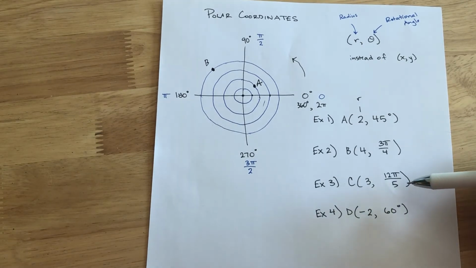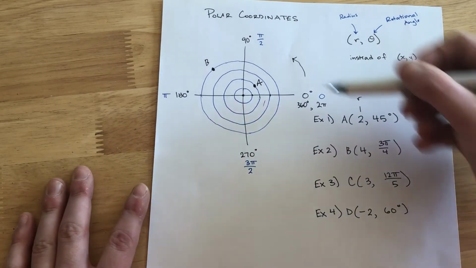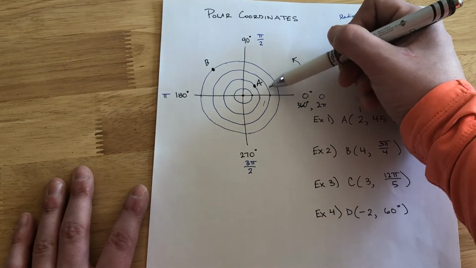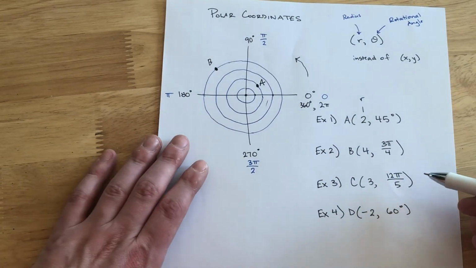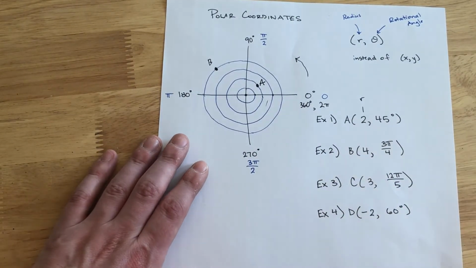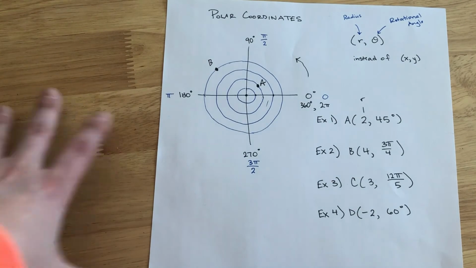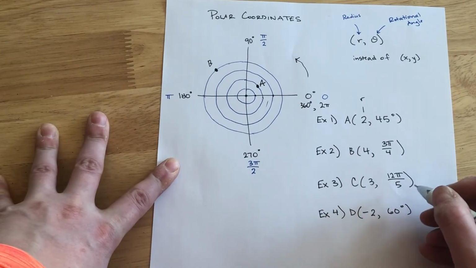Here in example 3, we have point C that we're supposed to locate at 3, 12 pi over 5. So the 3 tells us, of course, that we're on the 3rd circle out, and we need to locate 12 pi over 5. This 12/5, that's an improper fraction, and it's also greater than 2.